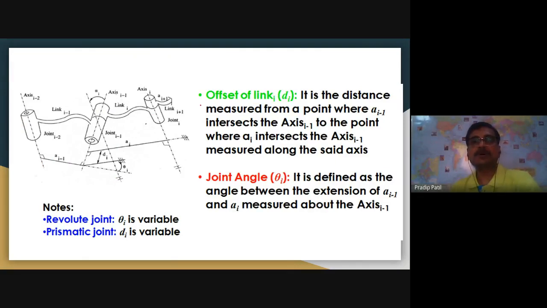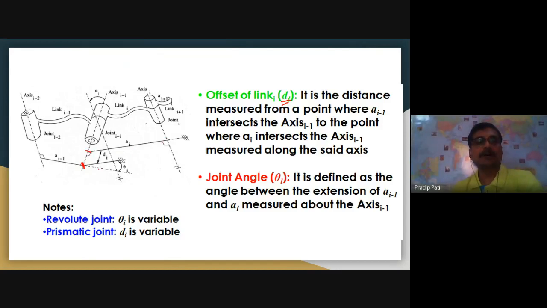Third parameter is the offset of the link i, that is we look at d i. The offset of the link d i is a distance measured from a point a i minus 1. So a i minus 1 is over here, right? We have seen the mutual perpendicular distance a i minus 1. It is intersecting, suppose, over here. Then the second length is over here.